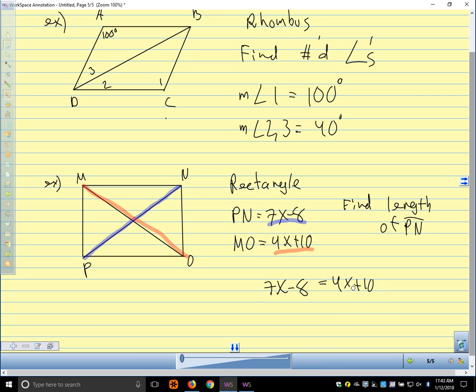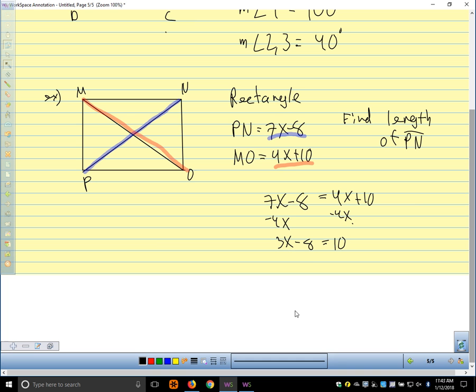And now we can figure out what x is. Subtract 4x. So 3x minus 8 equals 10. Add 8. 3x equals 18. Divide by 3. 18 divided by 3 is 6. x equals 6.